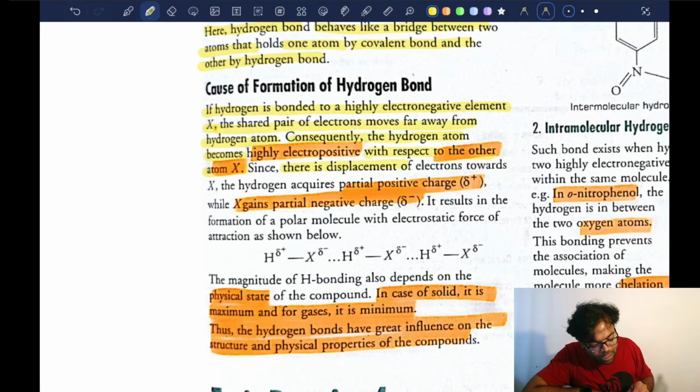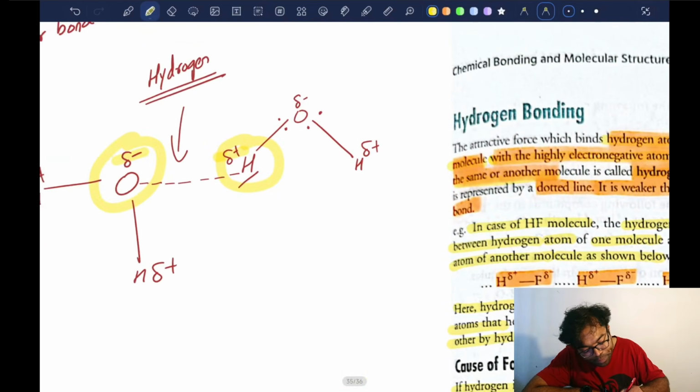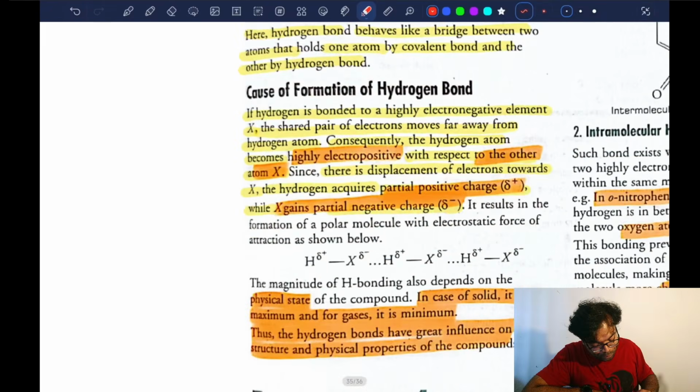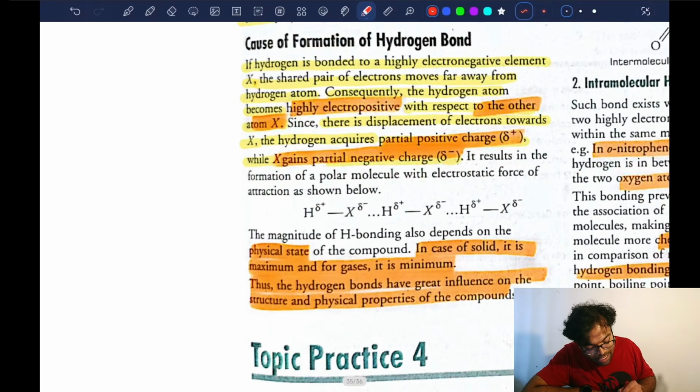Since there is a displacement of electrons towards X, the hydrogen acquires a partial positive charge while the X gains a partial negative charge. Like here, hydrogen has acquired a partial positive charge, whereas oxygen has acquired a partial negative charge. It results in the formation of a polar molecule with electrostatic force of attraction as shown in the figure.